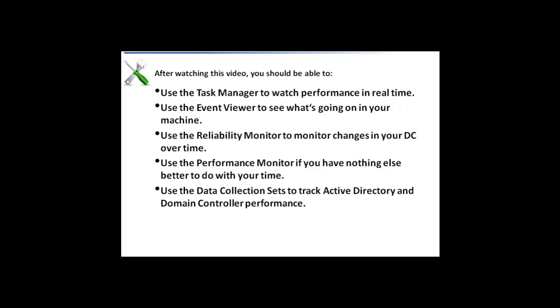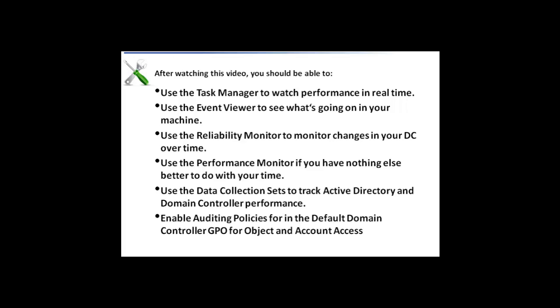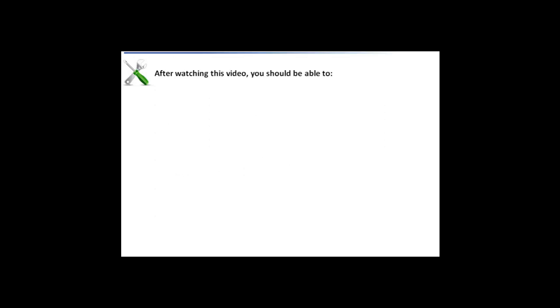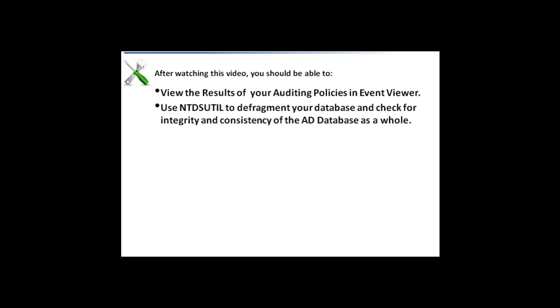Data collector sets are my favorite actually. They give you a bunch of information that you want or don't want to know whenever it's necessary, and then you'll find yourself saying, oh, I have that. Enable auditing policies for the domain controller via GPO, and you should be able to view the results of the auditing policies that you enabled in the Event Viewer.